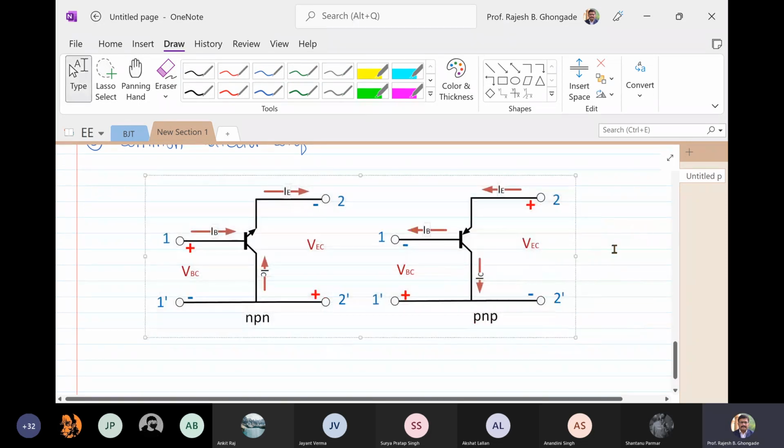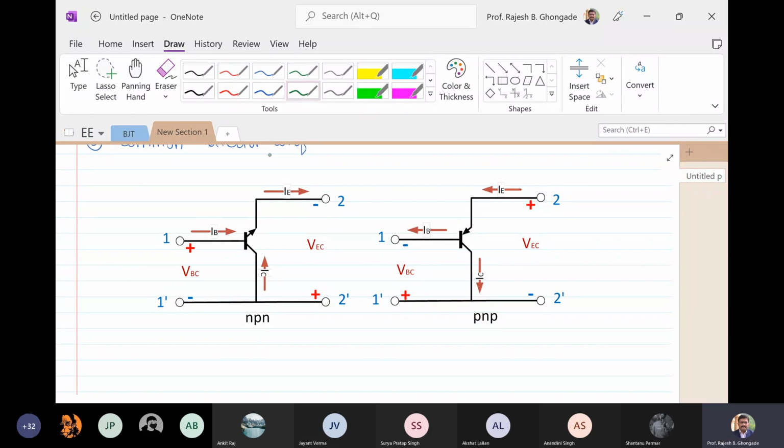Okay, is it visible? Yes, sir. I'll mark this again. This is your base, this is your emitter, and this is your collector. तो 3 आ गए configurations. Yes, sir.